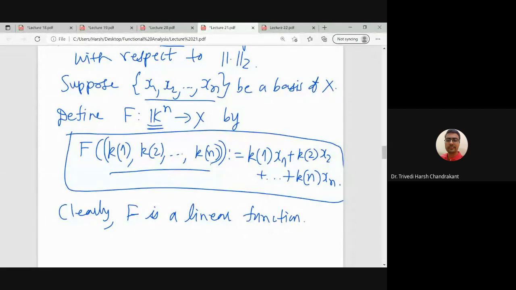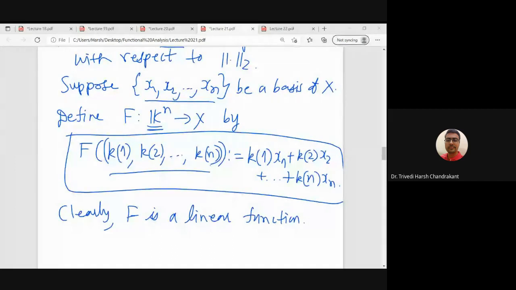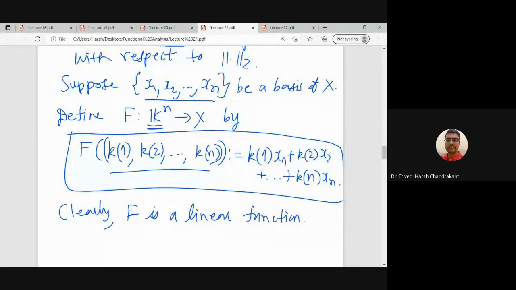Why is it a bijection? Why is it injective? f is a linear function, so to check injectivity, what condition do we need to verify? We need to check the kernel is zero, right? So for the kernel to be zero, we need to take any element with f of that element equal to zero.